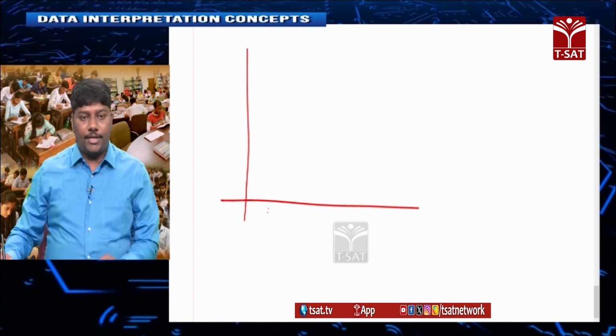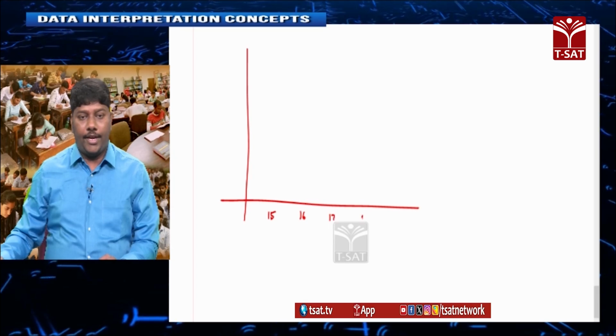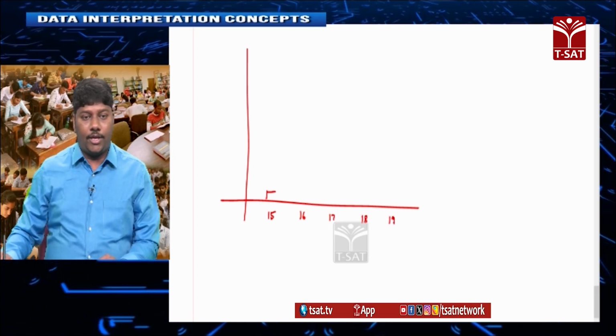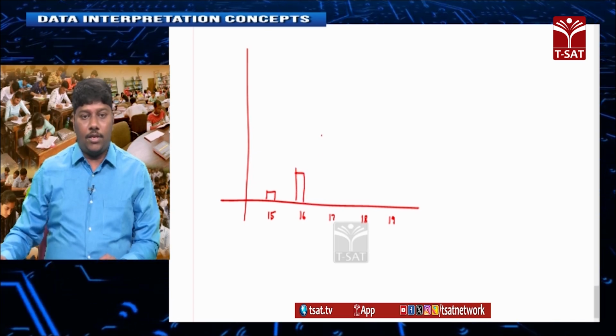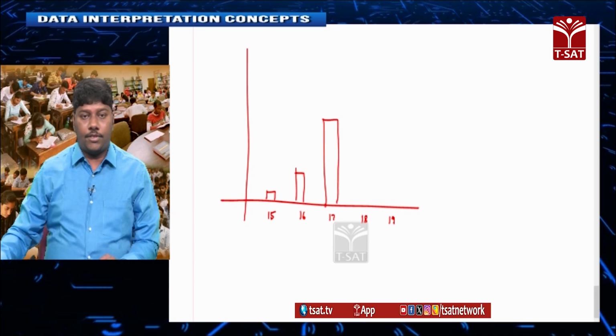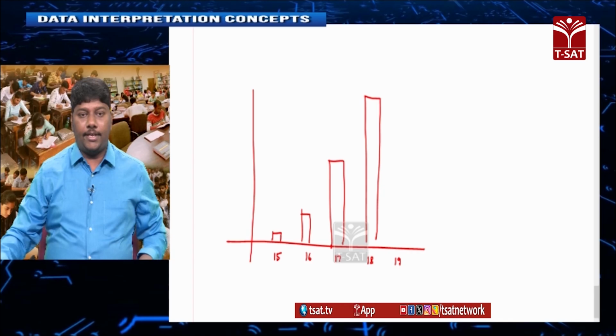I'm going to say this is data in 2015, same thing 16, 17, 18, 19. This is just 1000. Let's say it is 4000. Now this one is 12,000. It's 24,000. So I'm just adding the data a little further.